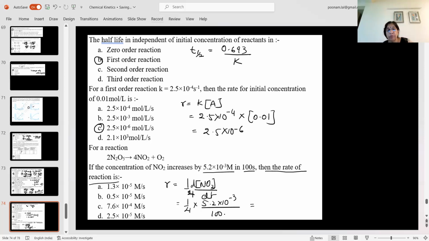So when it goes up, it will become 10 raised to minus 5, and this will get cancelled. 4 threes are 12. It will become 1.3 into 10 raised to minus 5 moles per liter per second.